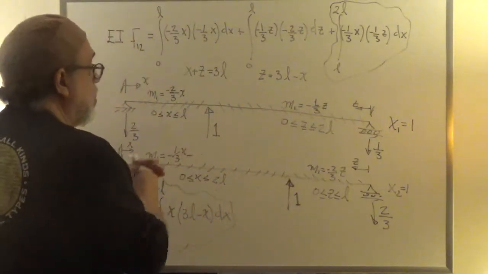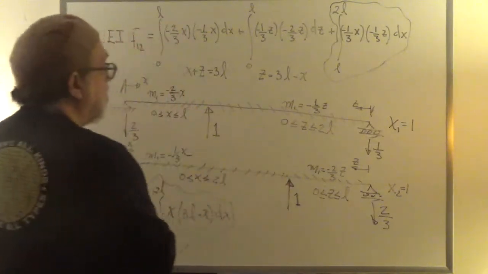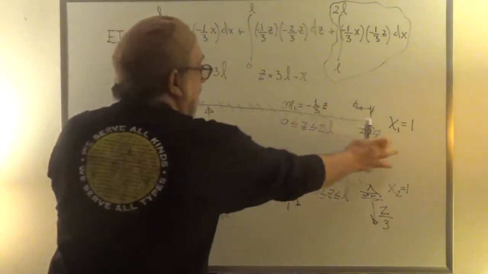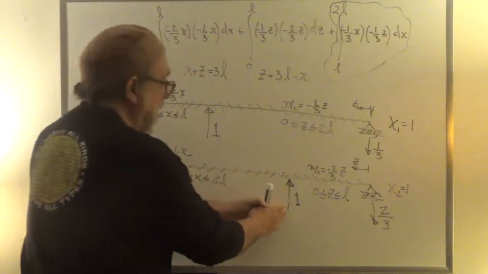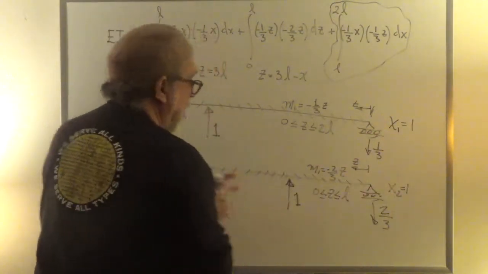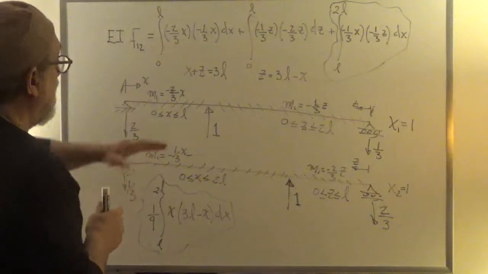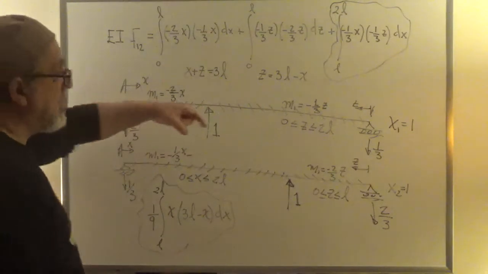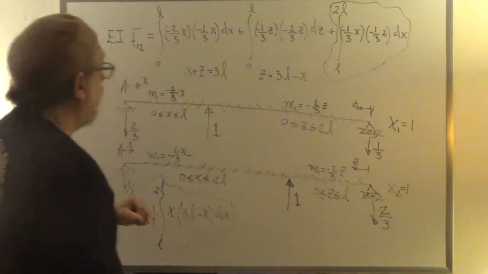I've decided to use the 2 internal ones as my redundants. This is my sketch for the first redundant having a value of 1. This is my sketch for the second redundant having a value of 1. The statics when this redundant is here is that this reaction is 2/3 and this reaction is 1/3.